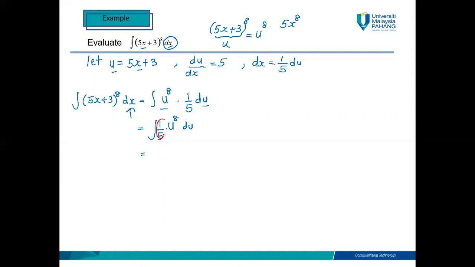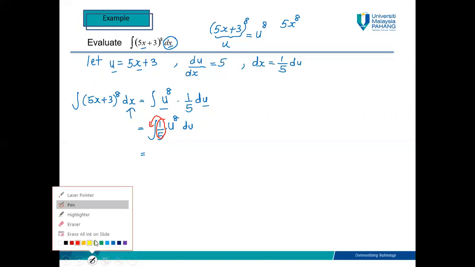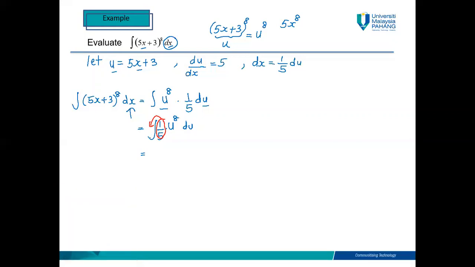So constant ni you bring forward. Sebab apa? Dia darab. Kalau dia tambah, you cannot bring forward. Okay, so nak avoid confusing. Okay, kita bring constants to the front of integral. So 1 over 5. Yang tinggal adalah u power of 8 du.